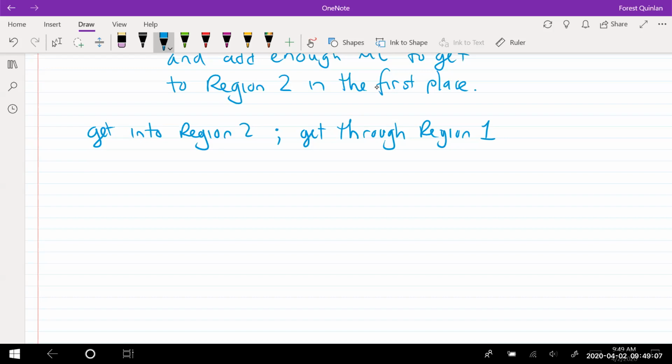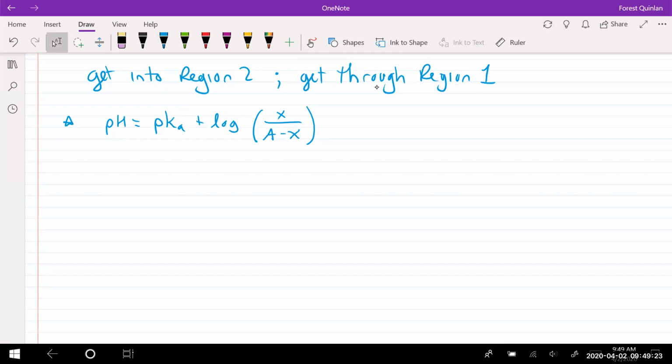So to get to region 2, we have pH equals pKa plus log of x over A minus x. So we need A in moles. We said that was a 1 molar solution, so 1 mole of H3PO4 per liter, and we had 100 mils, so 0.1 liters of that solution.